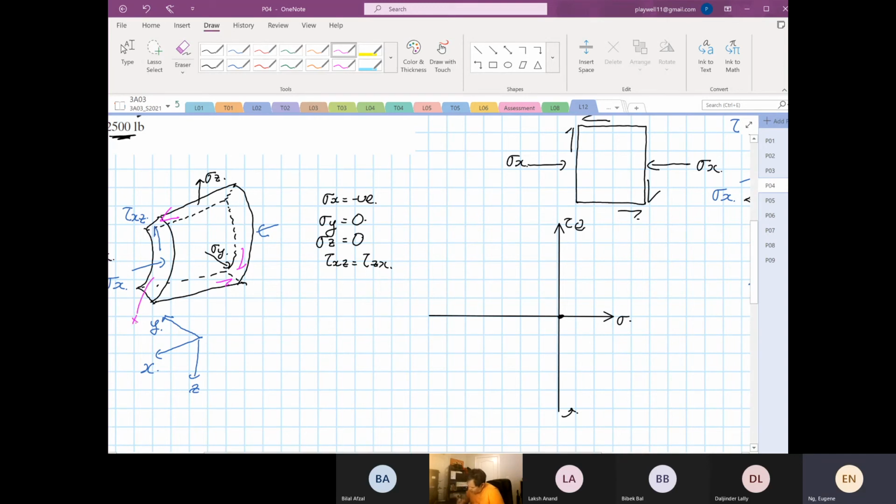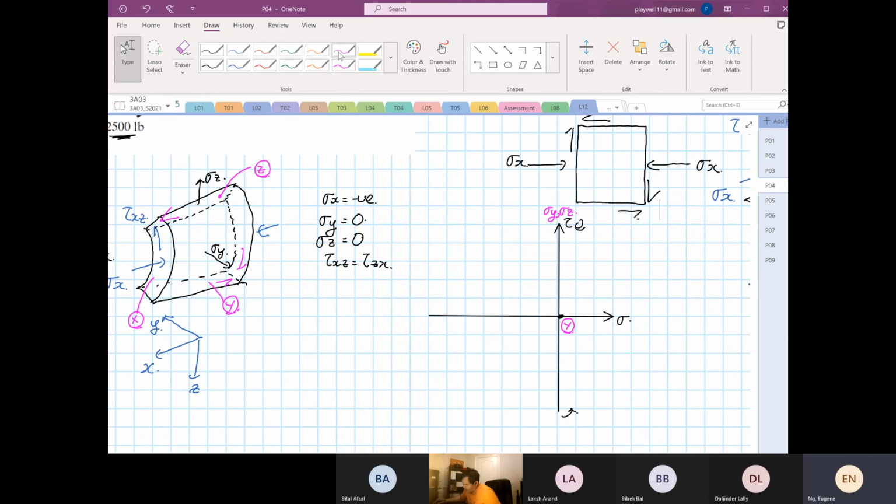This is our X, this surface our Y, and this surface over here belongs to our Z. So point Y is going to be over here. So stress Y and stress Z share the same line.